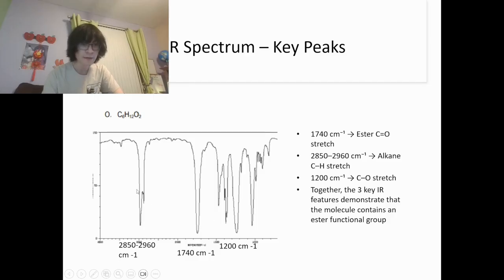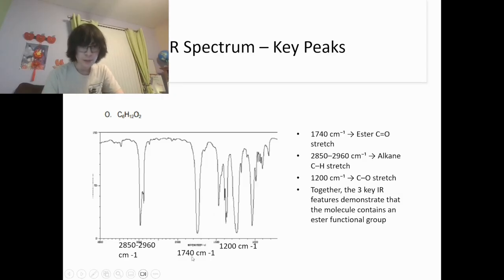So the first peak we have here is between 2,850 and 2,960 centimeters inverse. And that means we have an alkane carbon to hydrogen single bonded stretch.